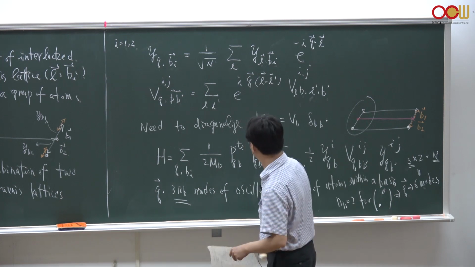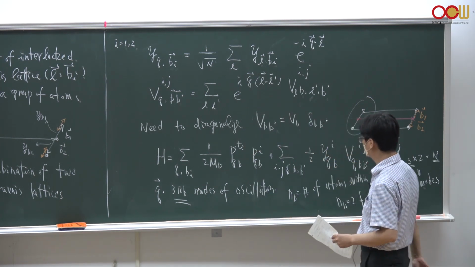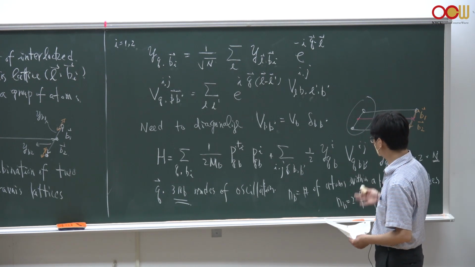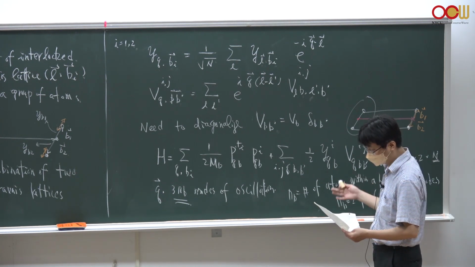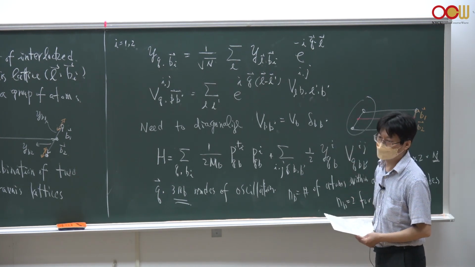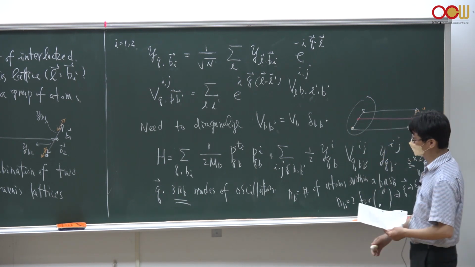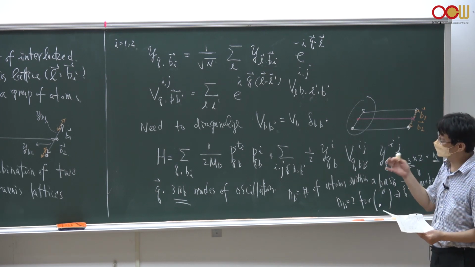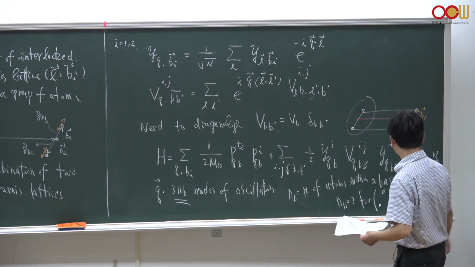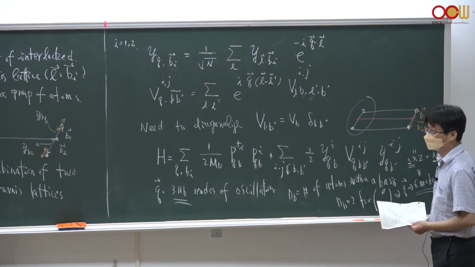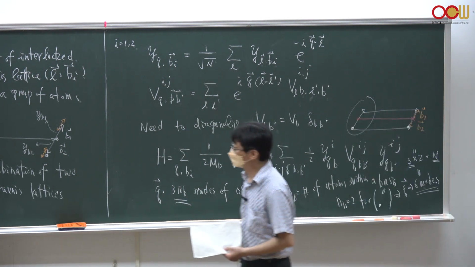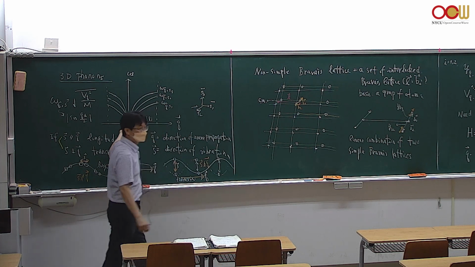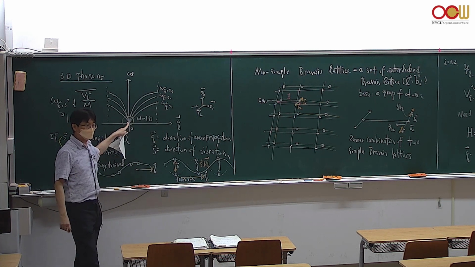So then we could calculate the dispersions of this more complicated non-simple Bravais lattice, but to save time, we don't carry out all this detailed calculation. I only summarize the qualitative features of these 6 phonon modes. We'll see that 3 of them correspond to low energy excitations, and we call them acoustic phonon modes.